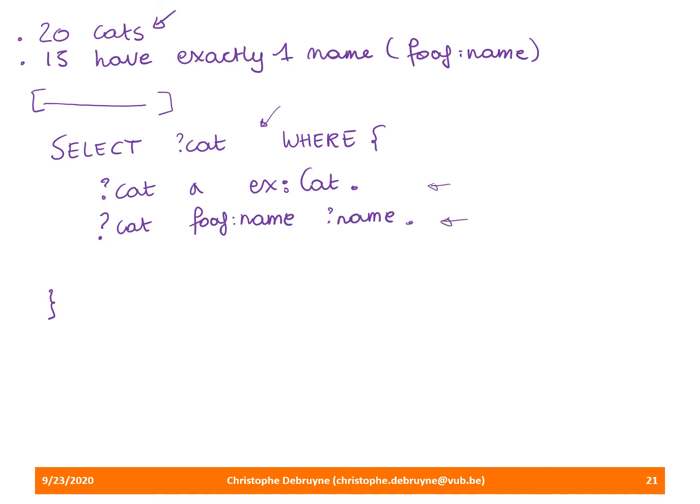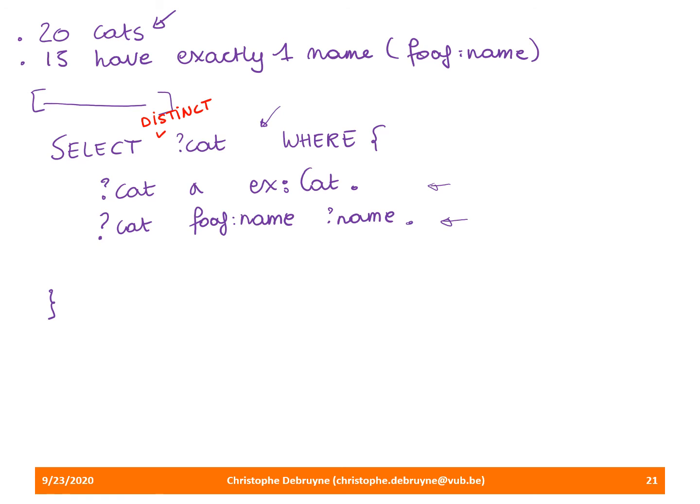The result will be that I have 15 cats, because I know that only 15 cats in my dataset have exactly one name. If cats could have multiple names and I'm only interested in retrieving the cats that have a name, then as we've seen before, we can add distinct here after the select word, but in this particular case, that's not necessary.